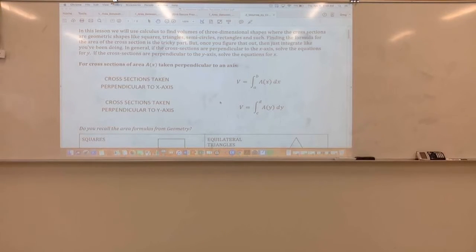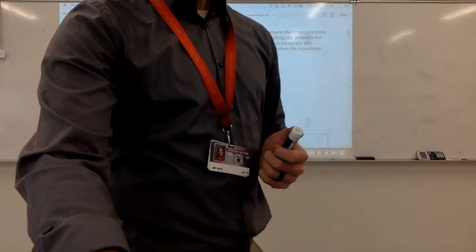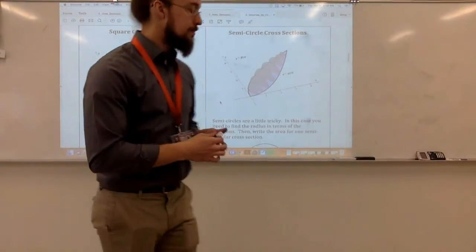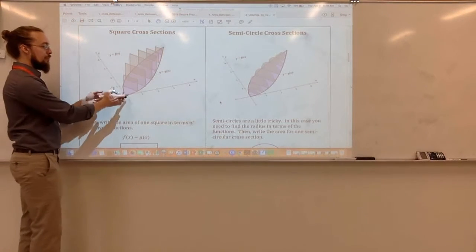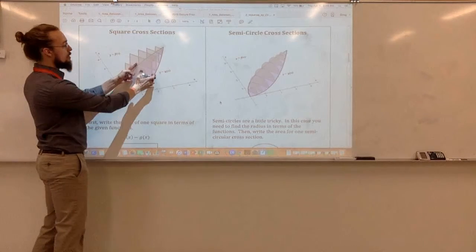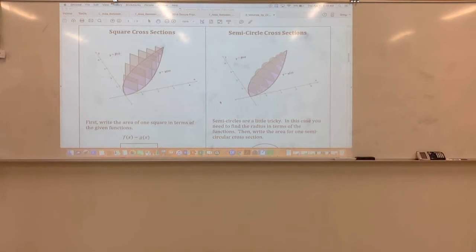The first way that we're going to look at finding volumes is if we know what the cross-section looks like. So if you look on the right side of your paper, it kind of gives a visual of what we're doing. So we're going to find the volume of a figure that looks like this, where the base is this region here, and then all of the cross sections are squares.